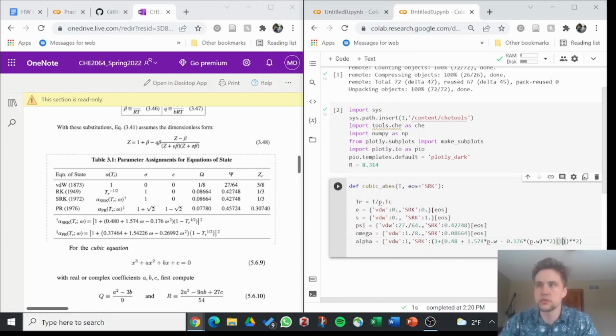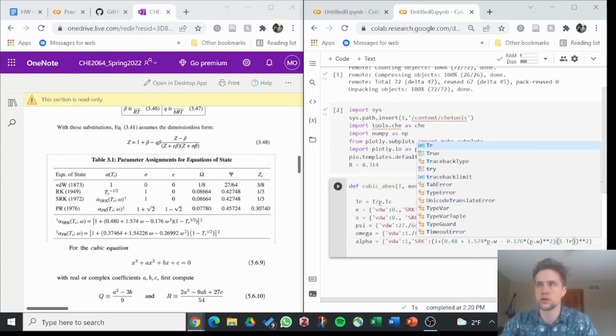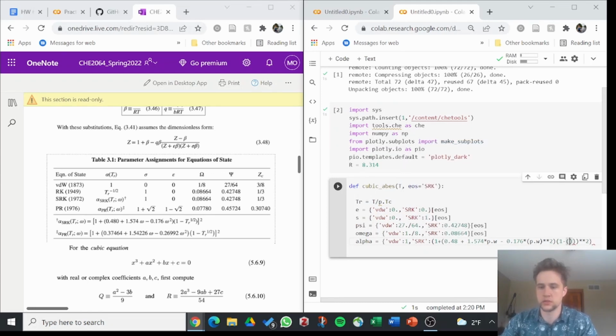Then we start a new parentheses. 1 minus the reduced temperature, and let's get the reduced temperature, not squared, to the 1/2. That would certainly make a difference.